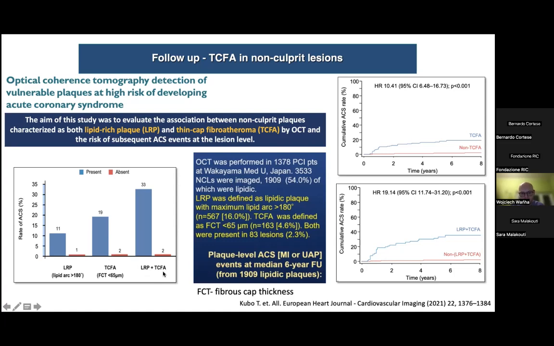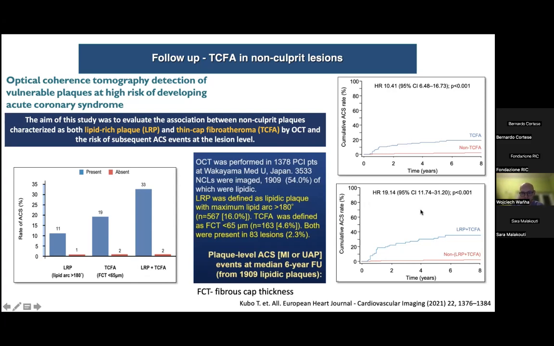And what do the results from those studies show? Patients who had TCFA, compared to patients who did not have TCFA, had 10 times higher rates of acute coronary syndrome during the long-term follow-up. The median follow-up in that study was 6 years.